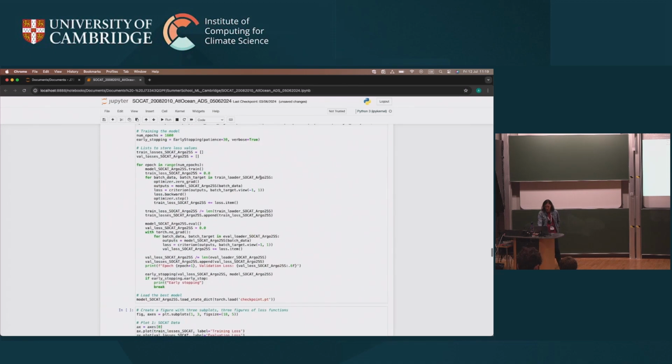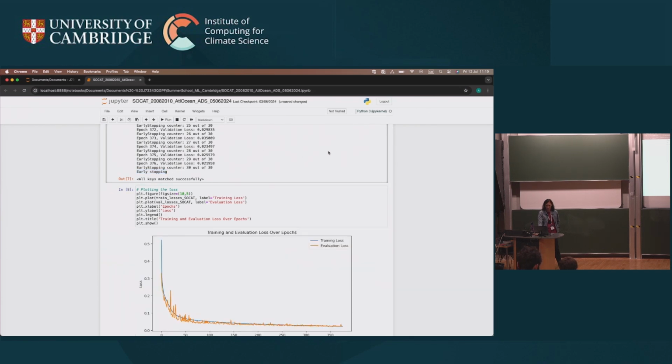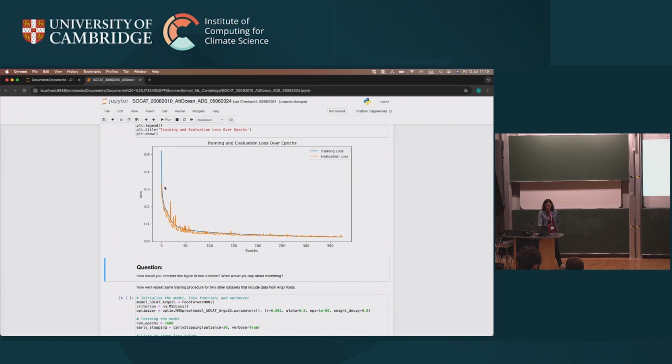So my model is done. Early stopping worked here, which means that during 30 iterations the model didn't see any improvement and just stopped. Now we will plot the loss function. You see what's happening with the loss function, showing us the error.